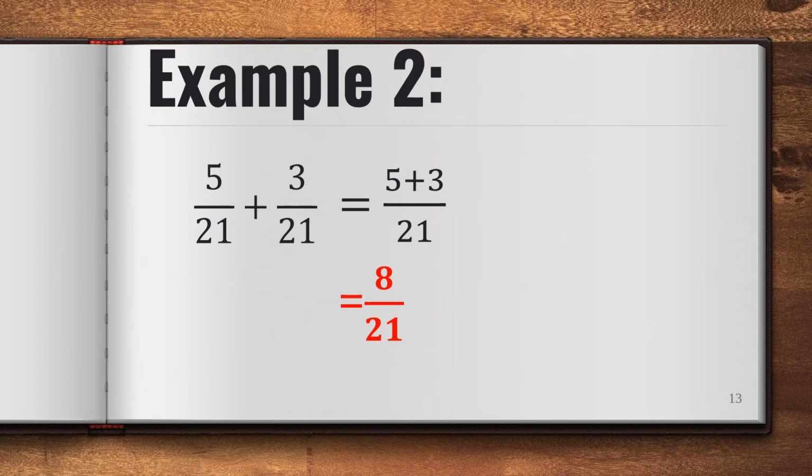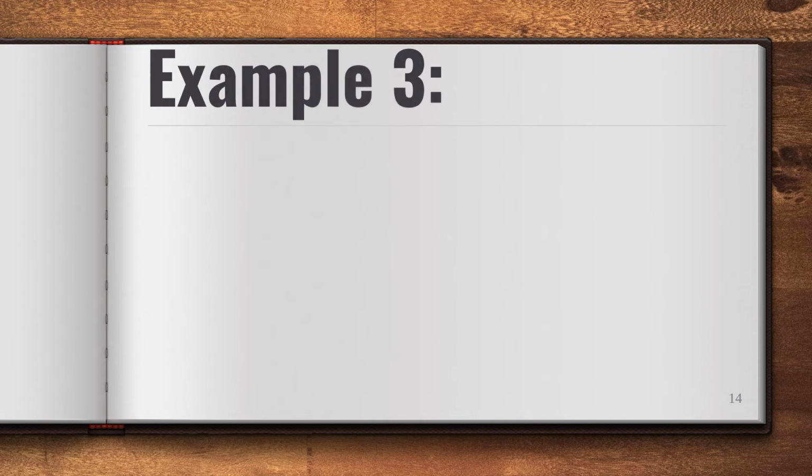Example number 3 is all about subtraction. We have 6 over 7 minus 2 over 7. Since the denominator 7 is the same for both fractions, that means that we have similar fractions.